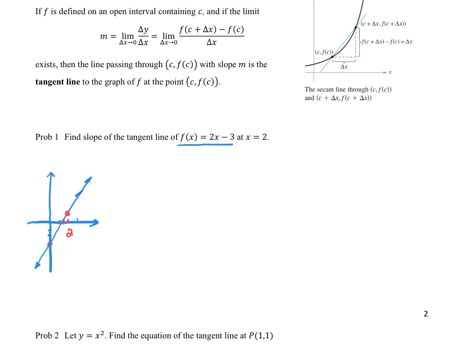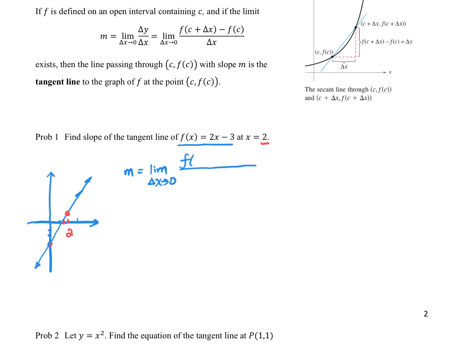Now let's find this using the definition that we just introduced, which is a process that involves a limit. The slope will be the limit as delta x approaches 0 of the difference quotient, which is f of c plus delta x, where c is equal to 2, because that's where we want to find the slope of the tangent line.